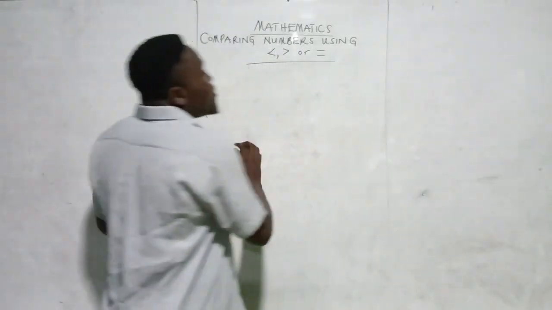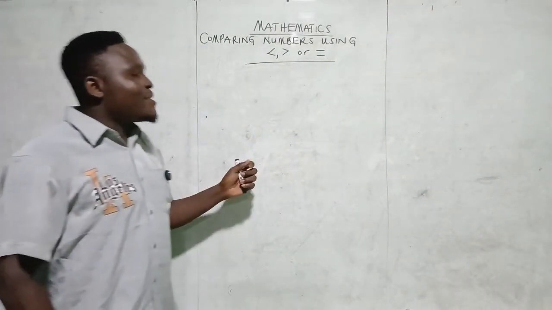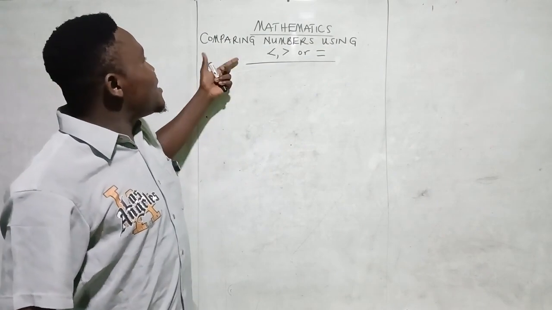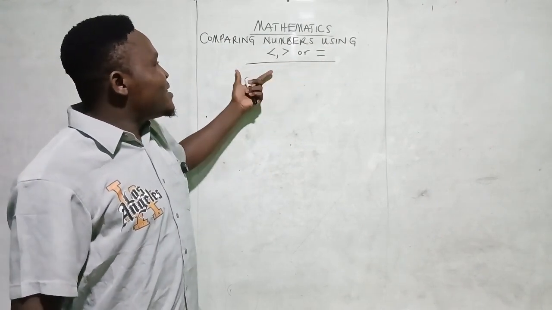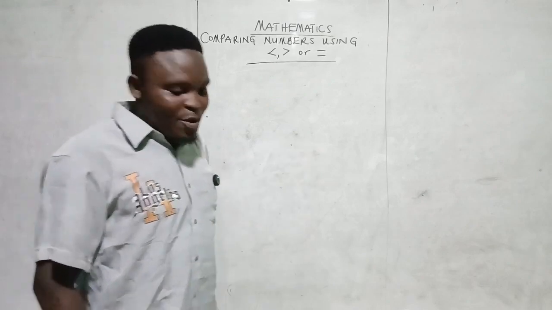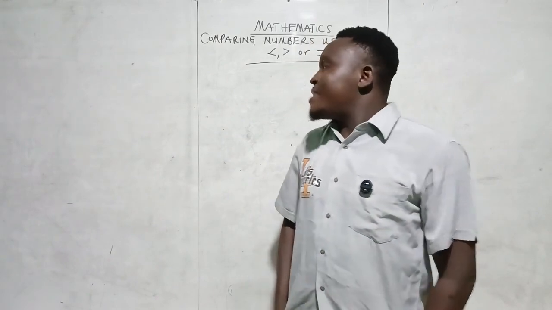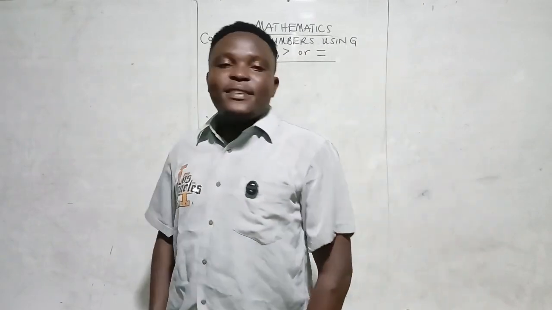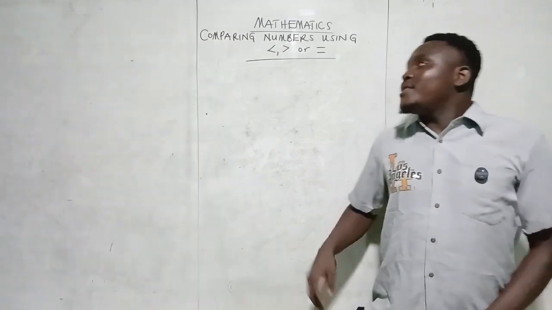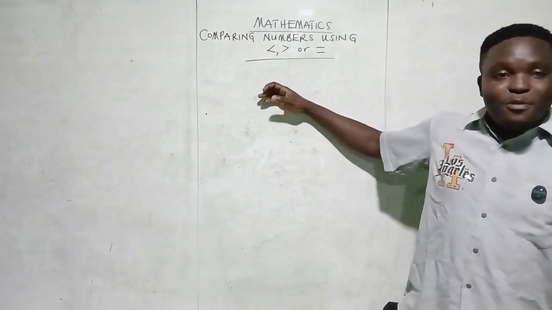Today, we are going to do mathematics. And our topic for today is going to be comparing numbers using less than, greater than, or equal to. Someone will ask, why less than, greater than, or equal to? Isn't it one of the easiest topics in the syllabus? It is something that people still don't know.